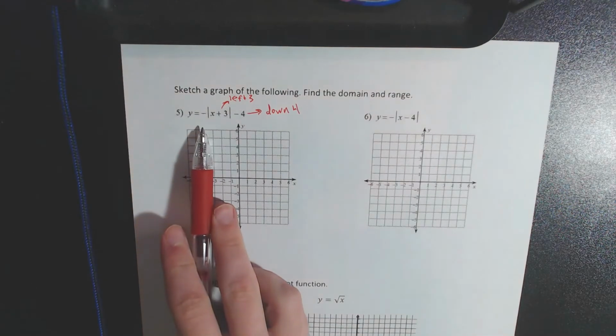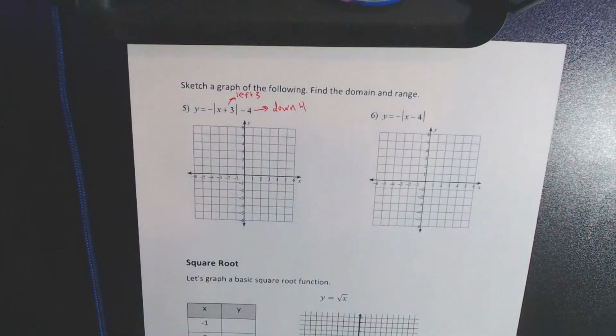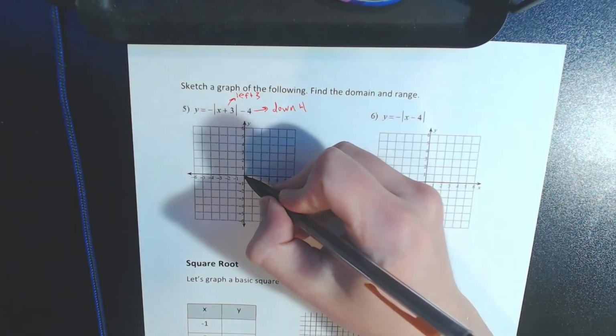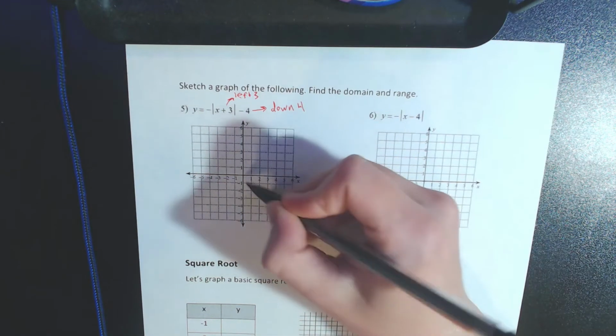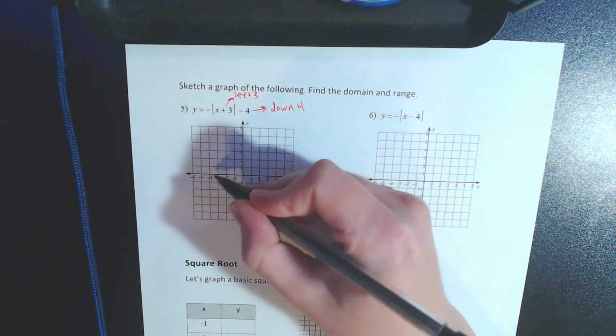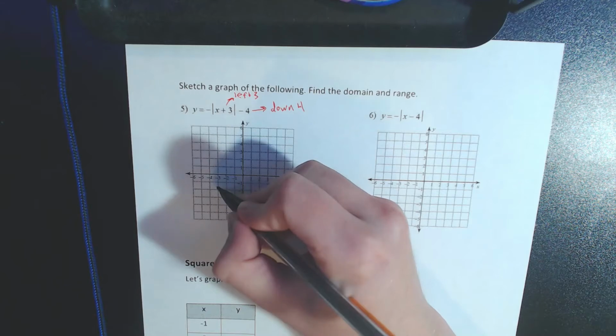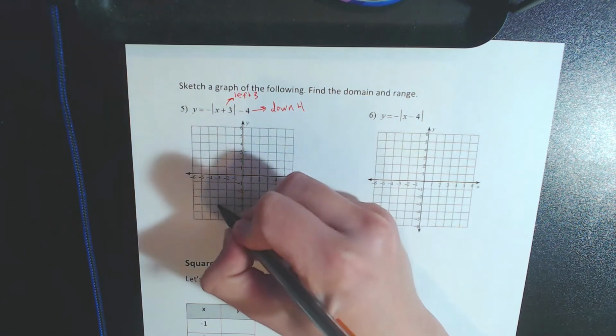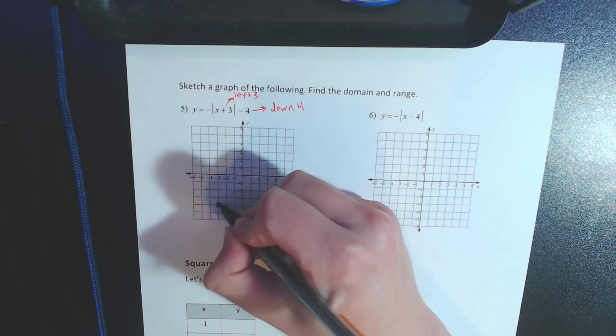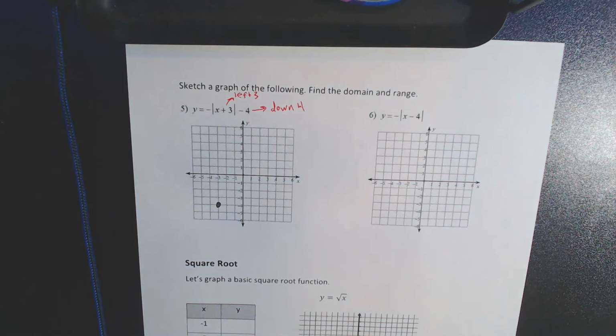But then that negative on the outside, what is that going to do? Well, that just flips it upside down. So basically, we're going to graph it the same as we would before. We're going to go left 3, 1, 2, 3, and then down 4, 1, 2, 3, 4. So right there, left 3 and down 4.